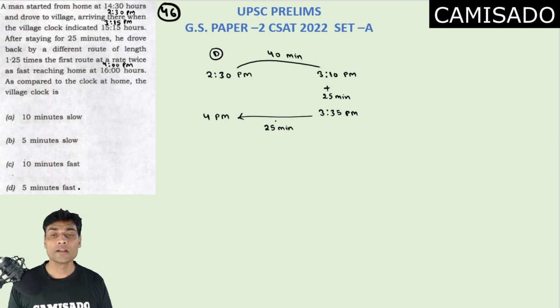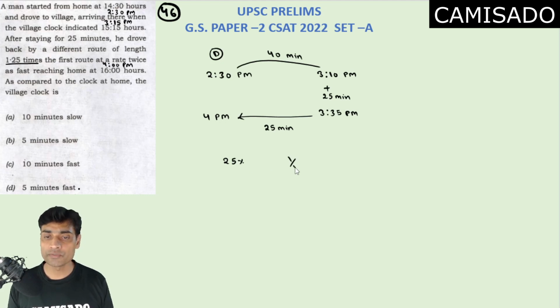Now, although the distance is different here, because it's saying that in the return journey he takes 1.25 times the first route. So if the speed is the same and the distance is increased by 25%, time will also be increased by 25%.